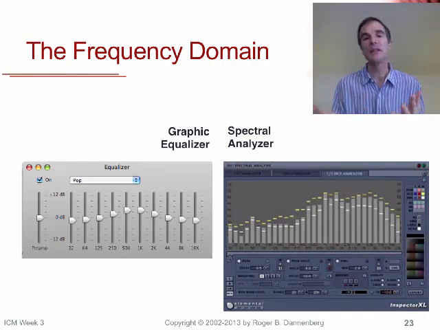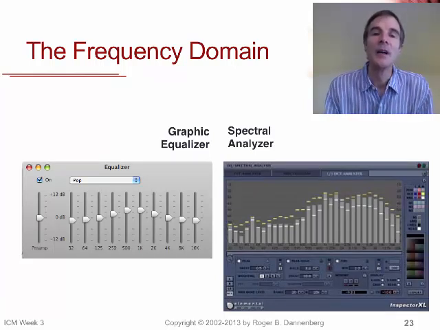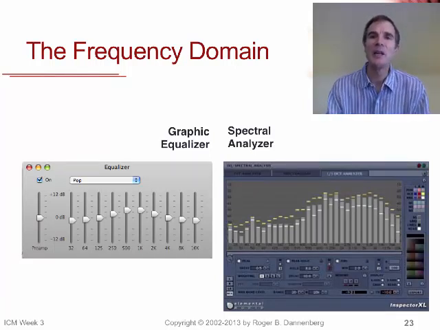So this representation of different amplitudes at different frequencies is called the frequency domain, just like we talk about the time. The signal as a function of time is in the time domain. So what does the frequency domain mean?